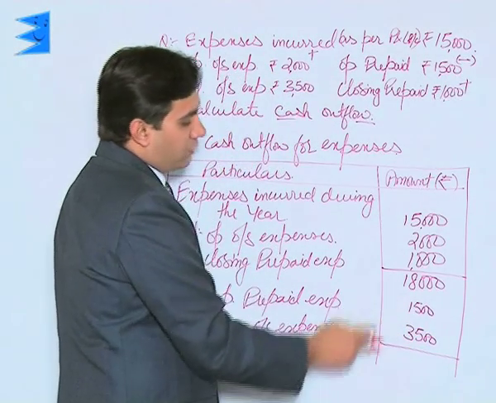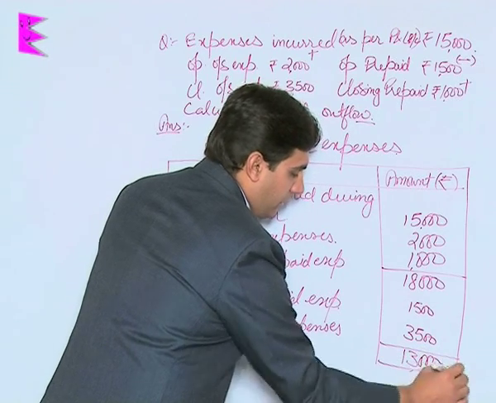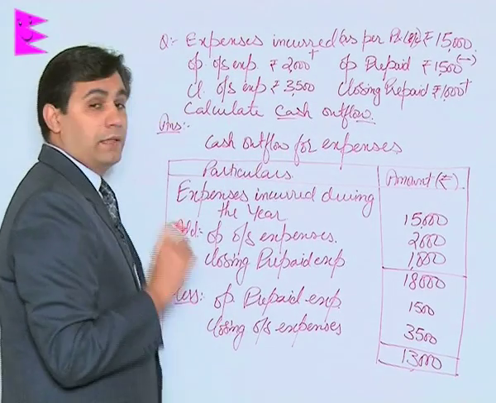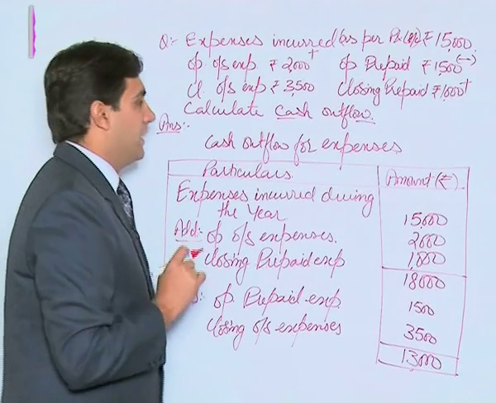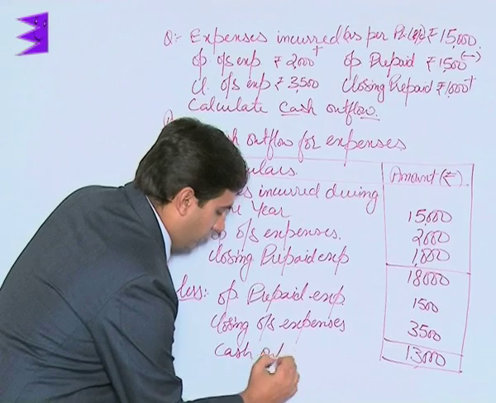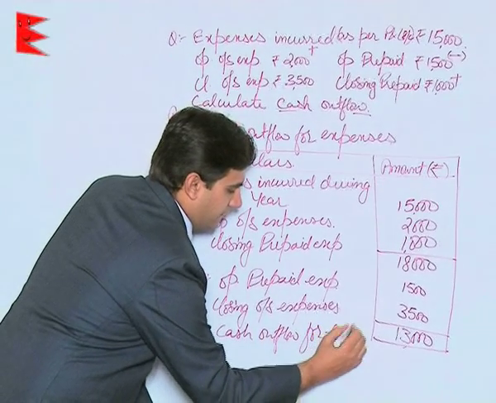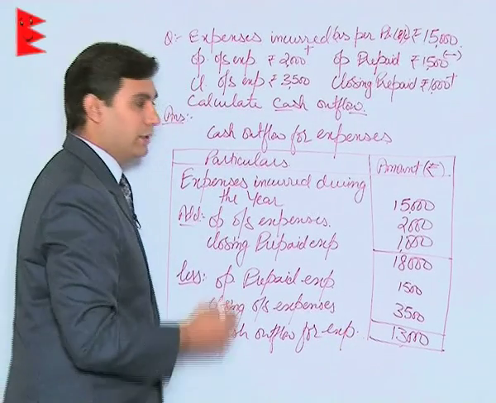So a total of 5,000 will be deducted out of this. 13,000 is the amount that we will get, and this amount represents the cash outflow for expenses during the year.